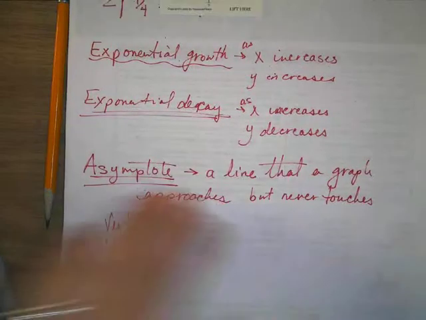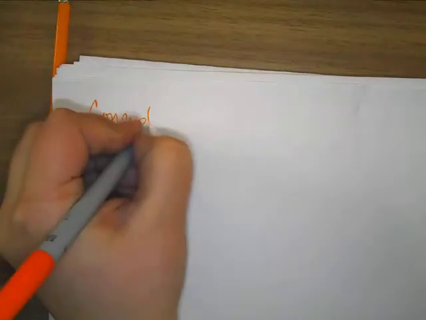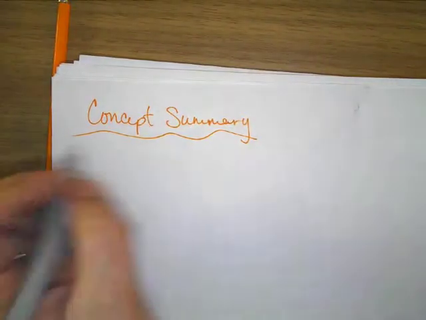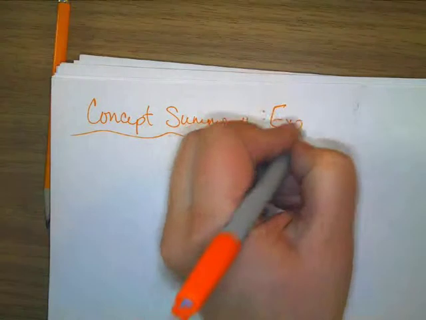How can we tell if we have a growth or a decay? Here's how we can tell without graphing it. Concept summary, about exponential functions.